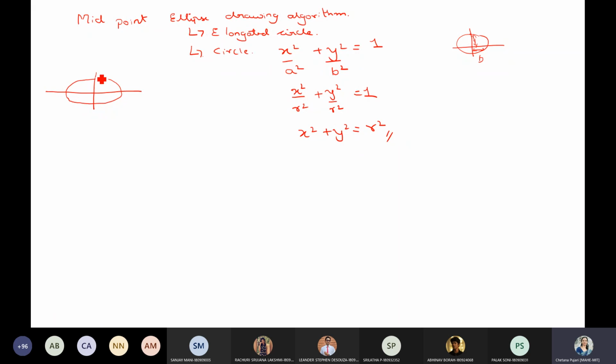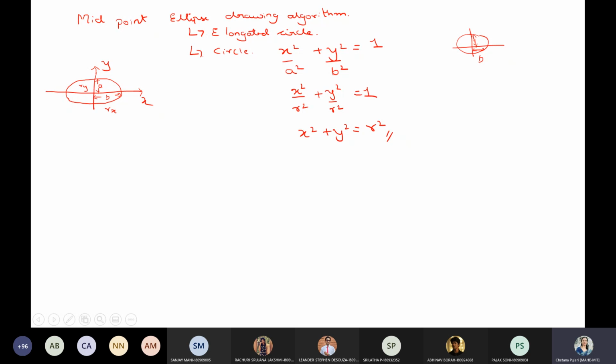It's not a circle. So here this point is your A and this point is your B. The same equation holds, but instead of R and R, let's write it as Rx and Ry because they are different. This is Ry and this is Rx, and this is our X coordinate and this is our Y coordinate.